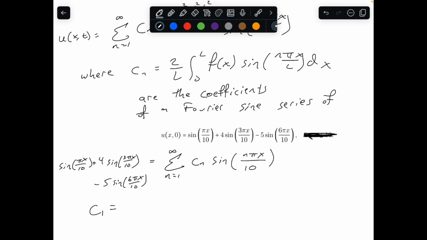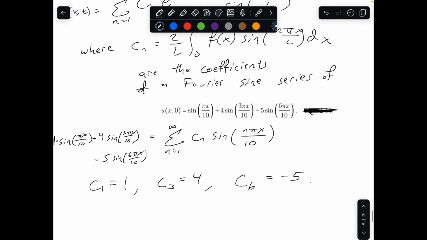And so this tells us that c sub 1 is equal to the coefficient, which is 1, and then c sub 3, the coefficient of this guy, is equal to 4. And then c sub 6, the coefficient of the n equals 6 term, is equal to negative 5.